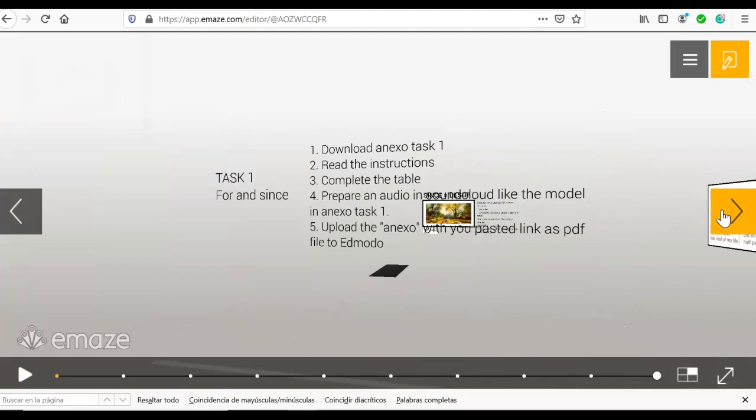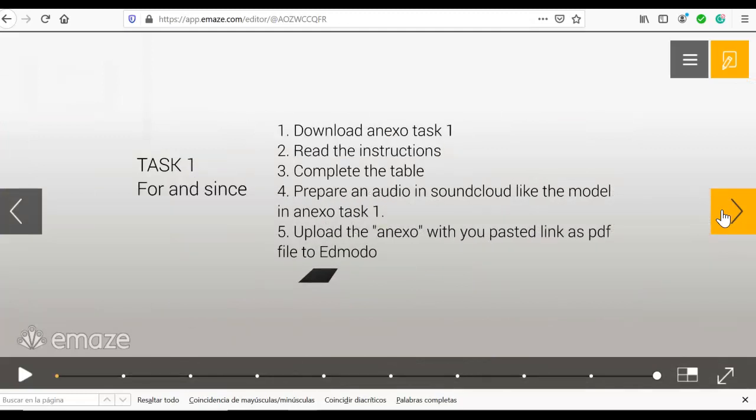When you finish checking or comparing your answers with the practice here in the video, you are going to have to do the first task. Task 1 says for and since, and here we have the instructions.